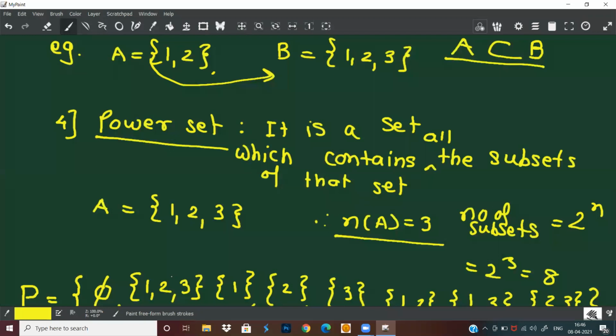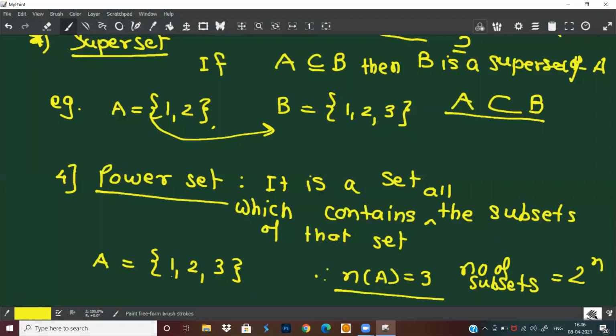Anybody wants to write this? Yes, different combinations. Oh, you want to write from intervals? Yes, you can.